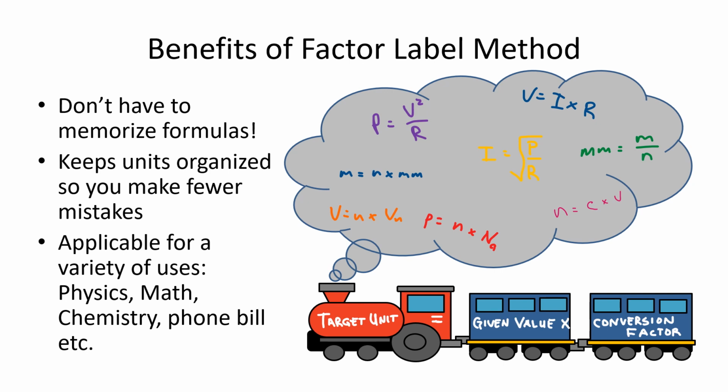You can do some of the conversions that we're going to see later on using formulas, but I find this helps you be more organized and focus on the units, because oftentimes if there's a formula, people just plug in numbers and forget about the units, and that can lead to some confusion later on. Also, you can use this for all sorts of other things, math, physics. There are other courses out there where factor label method is really useful.